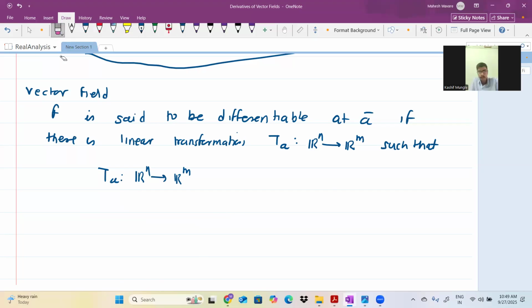I have written a repeated statement, so I will erase this, such that we have to write Taylor's formula here.